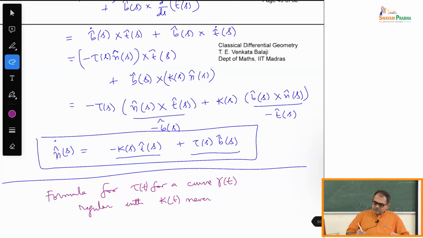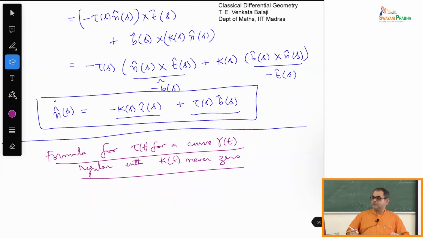The important thing is it need not be unit speed parametrized.